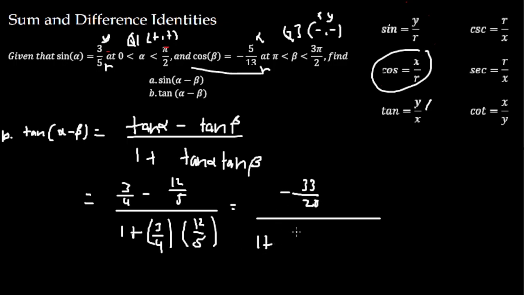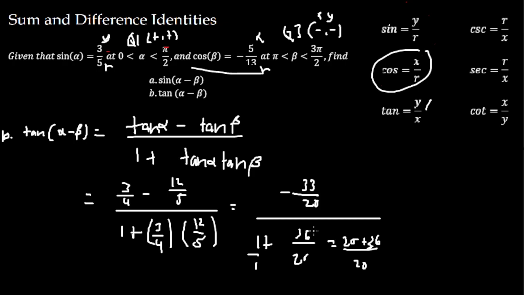Minus, for the denominator, 1 plus 3 over 4 times 12 over 5. We go direct: 3 times 12 is 36, over 4 times 5, 20. 1 over 1 denominator, the LCD is 20. 20 divided by 1 times 1 is 20, plus 20 divided by 20 times 36.